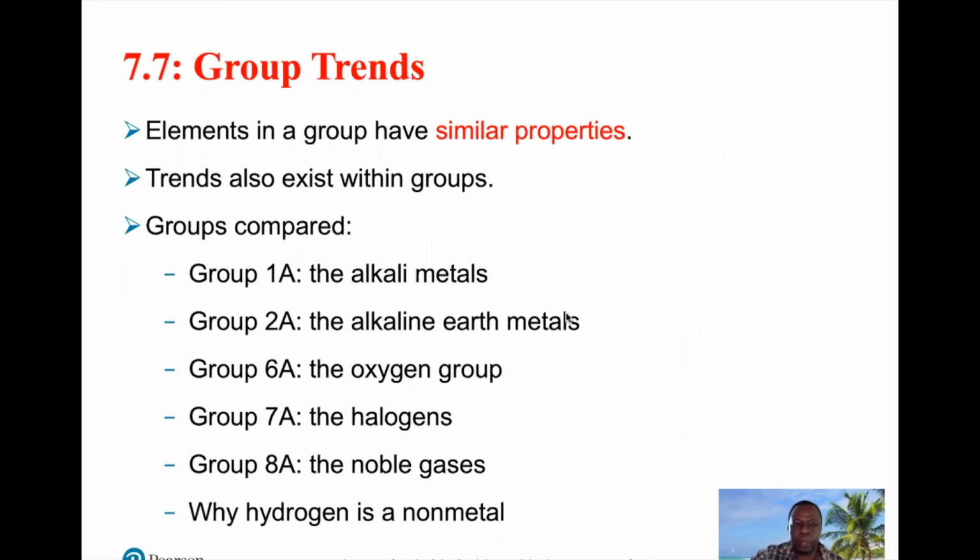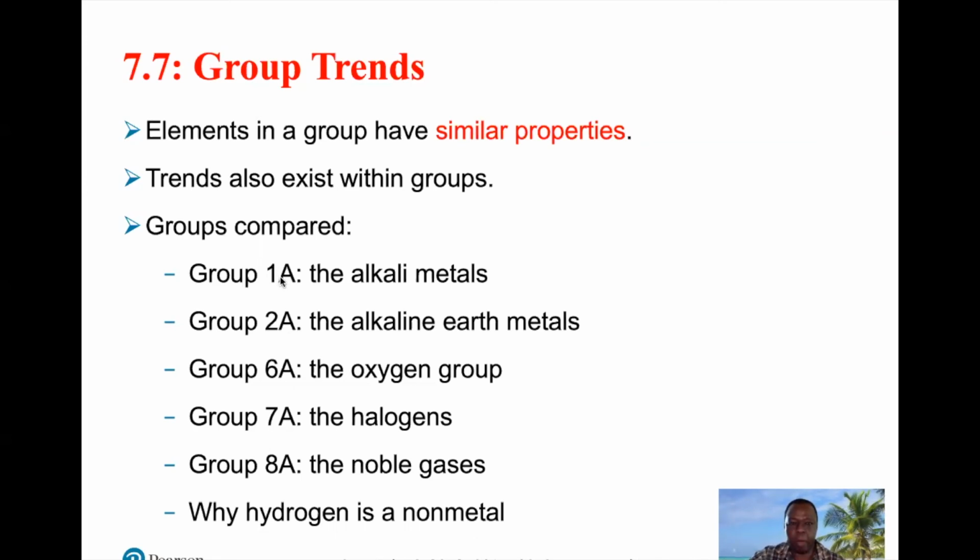Because of time, we have 5 minutes, I don't want to get started with special groups on the periodic table, which will be the last thing we look at in chapter 7. We will start from special groups and see their trend in chemical reactivity. Most of the chemistry you will see has to do with main group elements, that is the A groups on the periodic table.